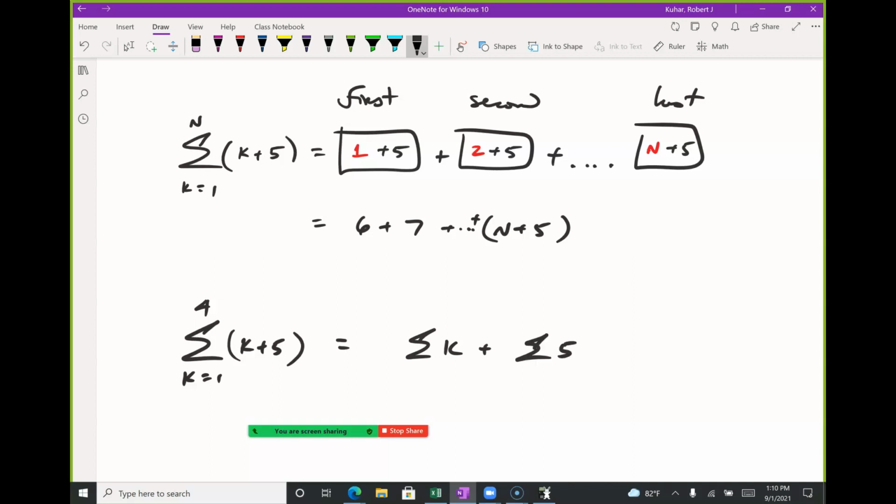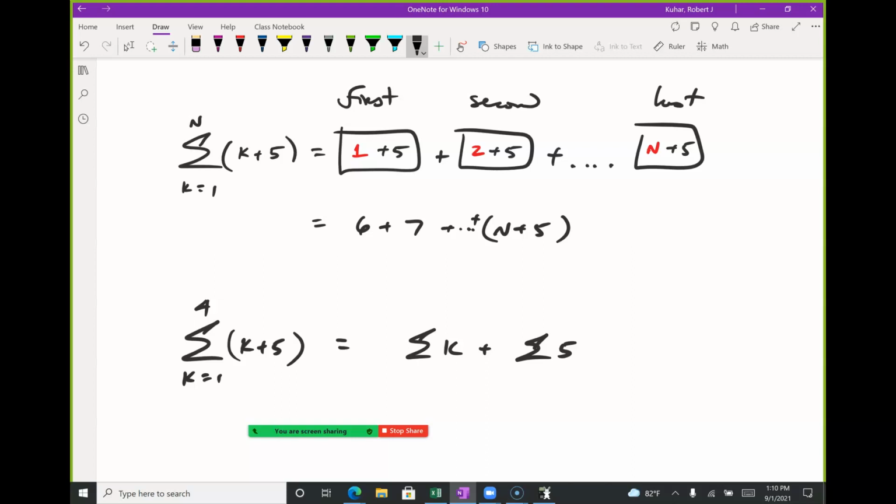Think about it. The sigma means add. But then I've got the k and the 5 and I'm adding them. So I can add the k and the 5 and then add them all together, or I can add up all the k's and then add up all the 5's and add them together. That makes sense? Kind of like a distributive property here. Do you see that?